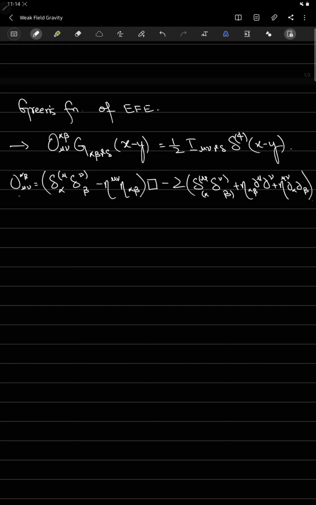So that's how this operator O alpha beta mu nu is defined. And now from our study of gauge field theories, we know that this operator cannot be inverted. You'll have to add a gauge fixing term.